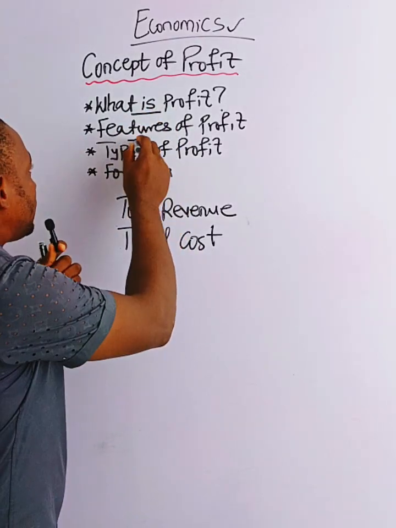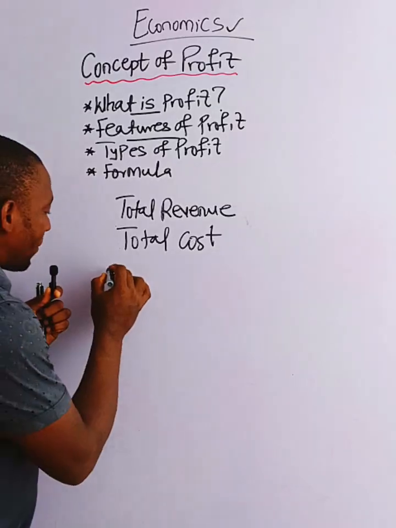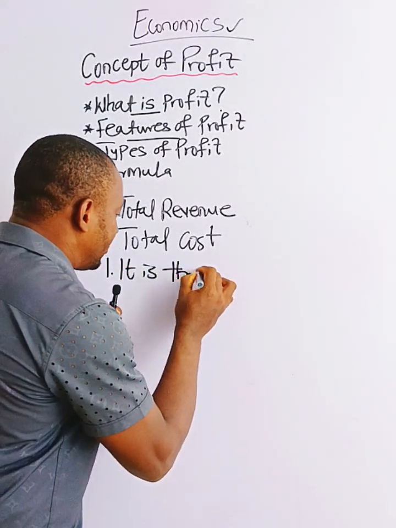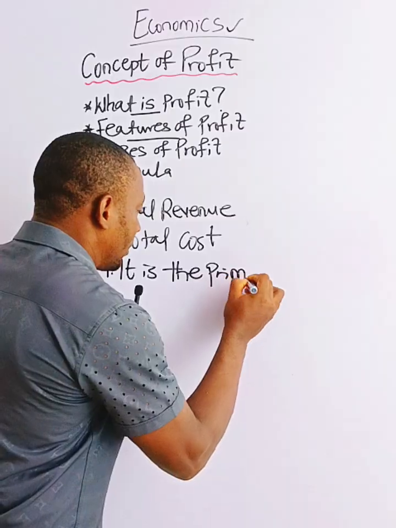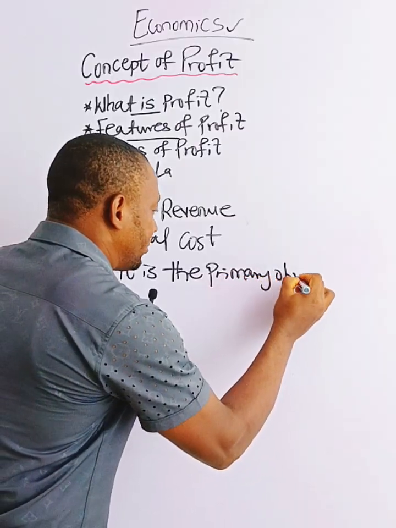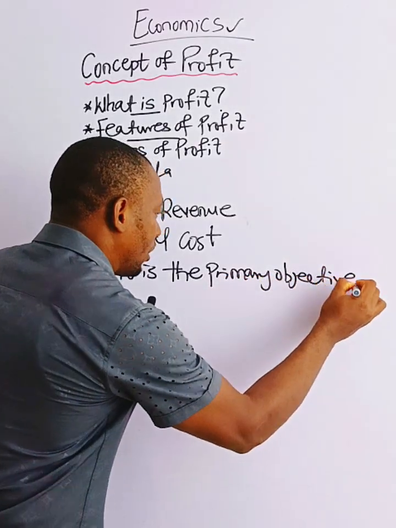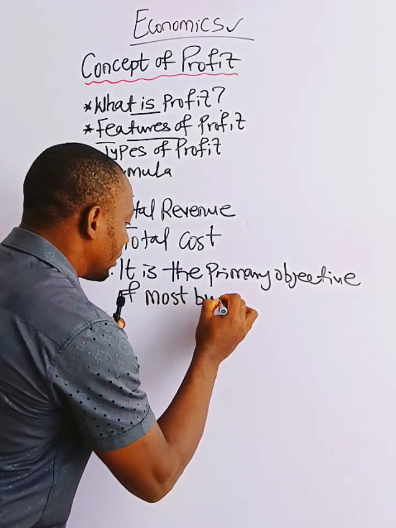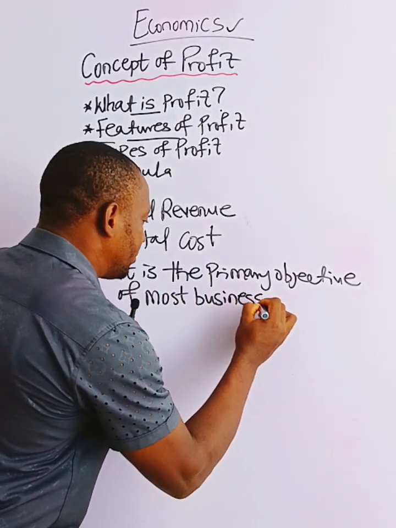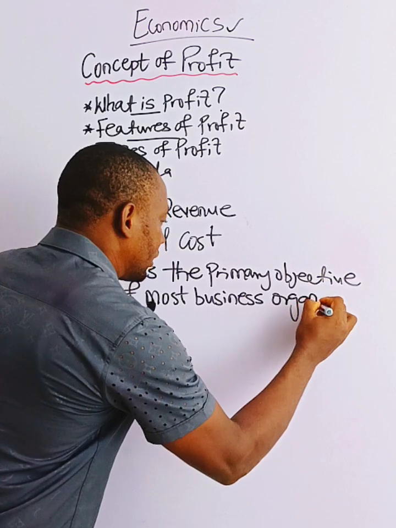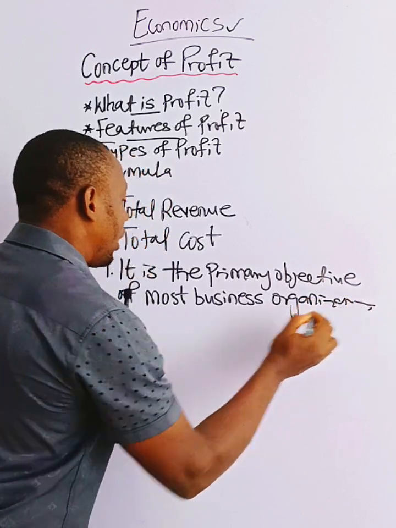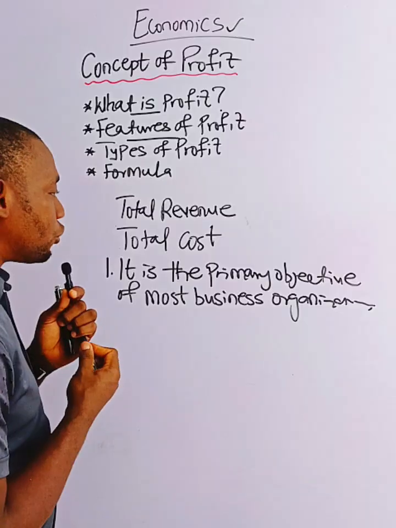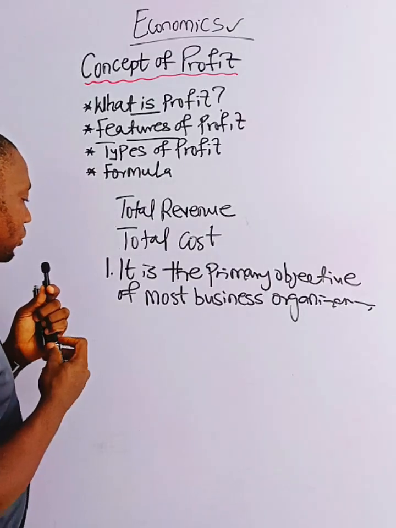Let's consider features of profit. Number one, it is the primary objective of most business organizations. Most business what? Organizations. All right. Profit is the primary objective of most business organizations.